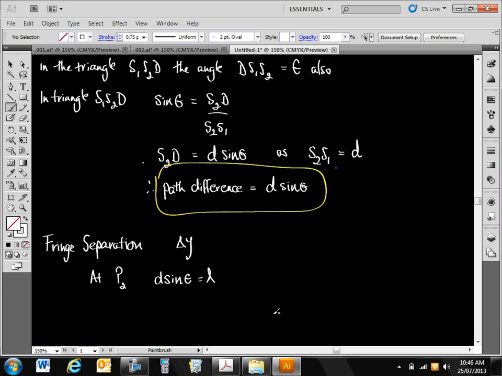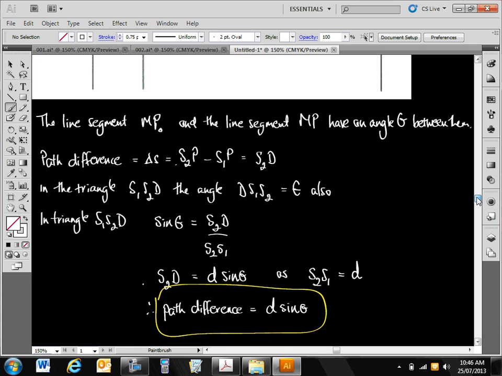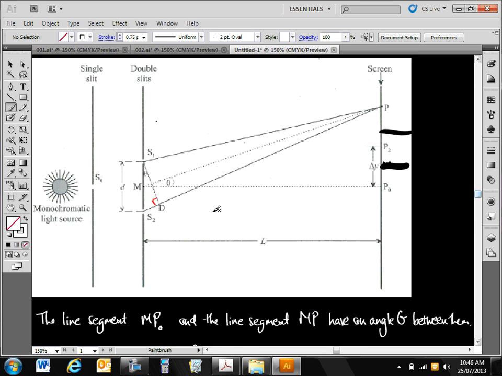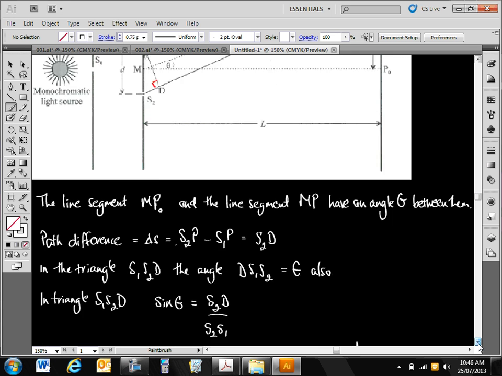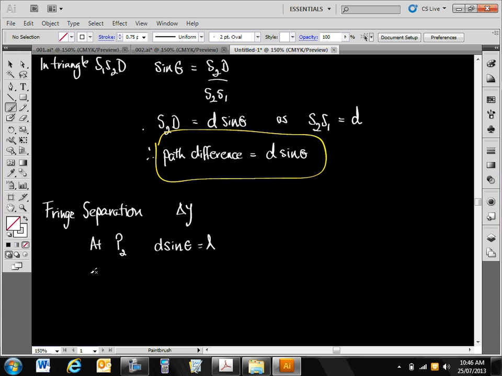Okay? L is the distance between the double slits and the screen.